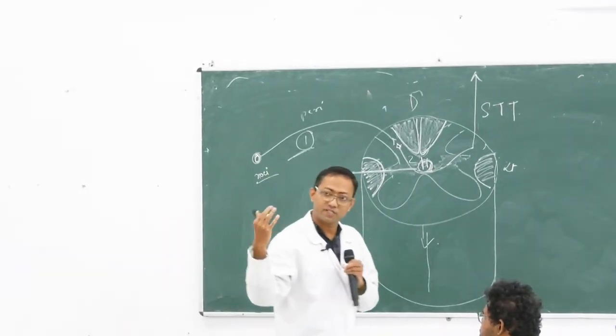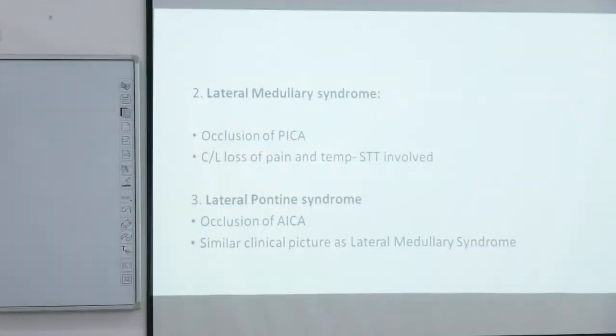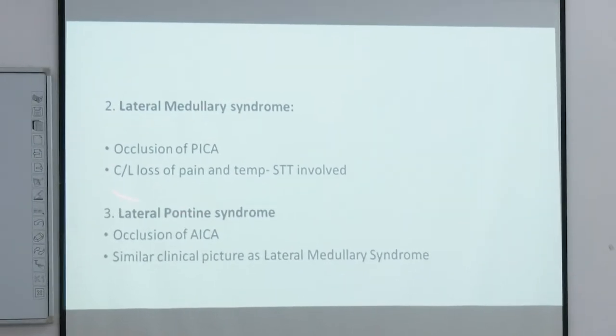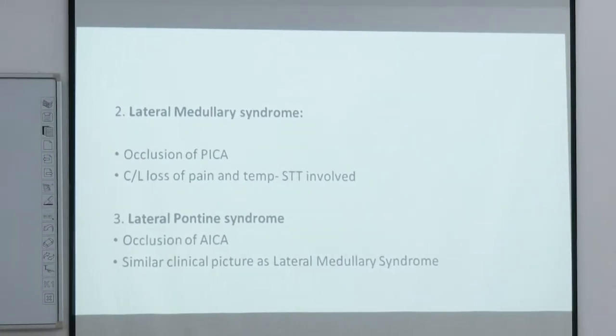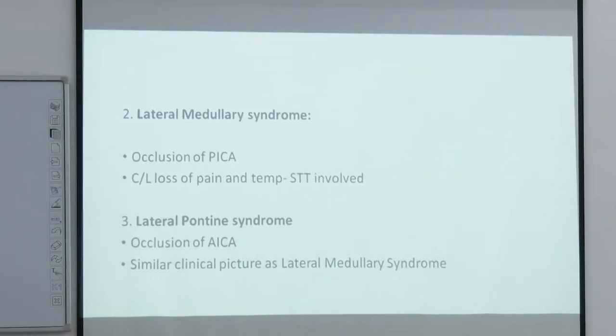So when PICA is blocked due to some occlusion or thrombosis or any pathology within the blood vessel, the spinothalamic tract is affected and your pain and temperature sensation will be lost, right? So this is called lateral medullary syndrome.